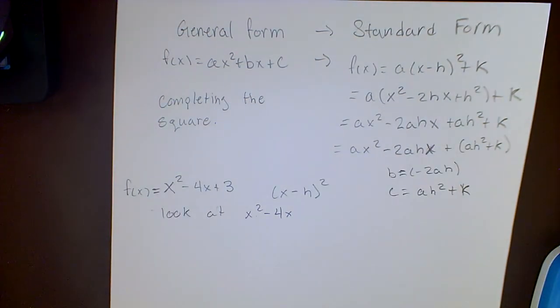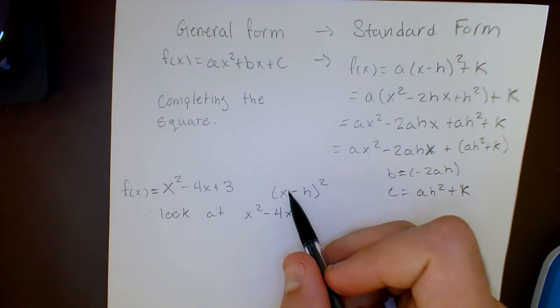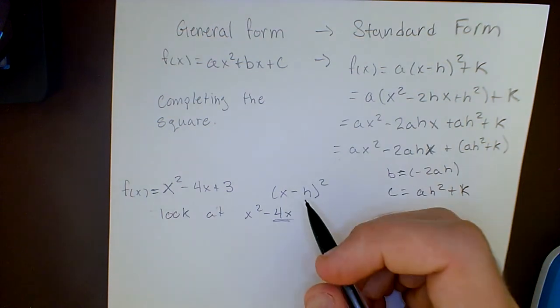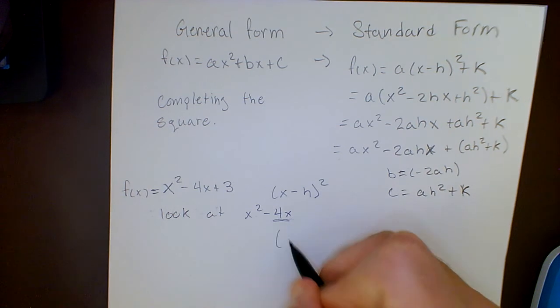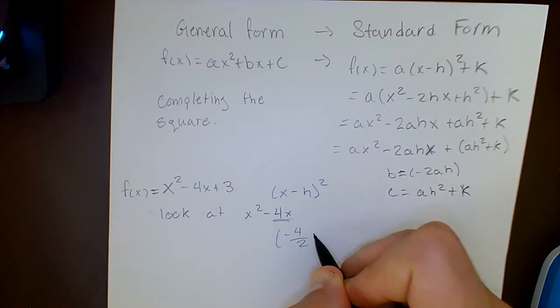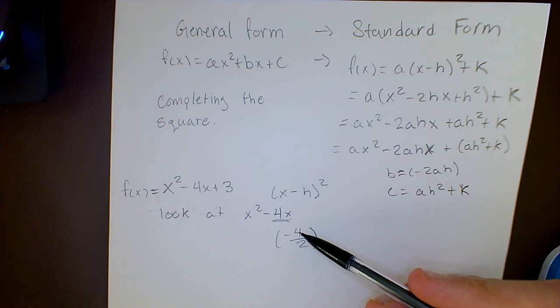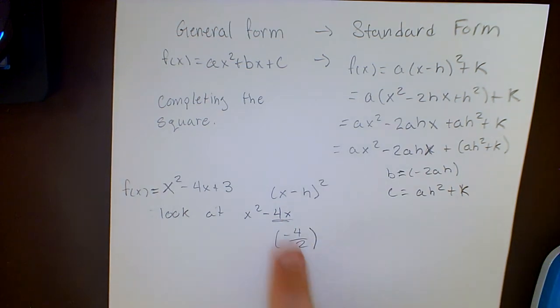So remember, the way you do that is I look at this coefficient here, and I say, I'm first going to take negative 4 divided by 2, because I need two numbers that when added together equal negative 4. If I divide that negative 4 by 2, it's going to give me negative 2. If I add negative 2 to negative 2, it's going to give me negative 4.